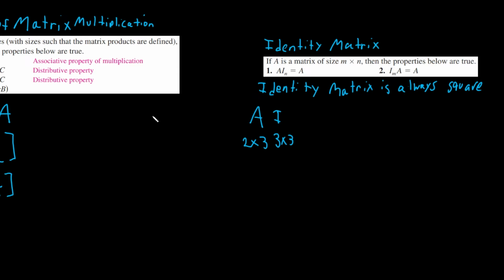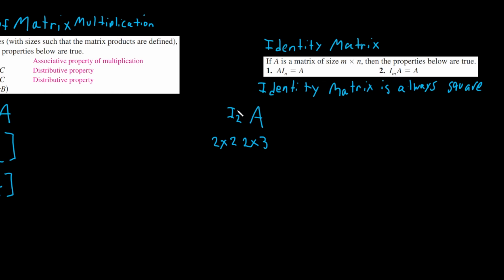So I would write that as I with a subscript of 3 because it has 3 rows and 3 columns. That's the only way that this matrix multiplication can be defined. But let's say that we want to multiply I on the left. Well, if we're multiplying I on the left, then I must have 2 columns. So since it has 2 columns, it also has to have 2 rows.